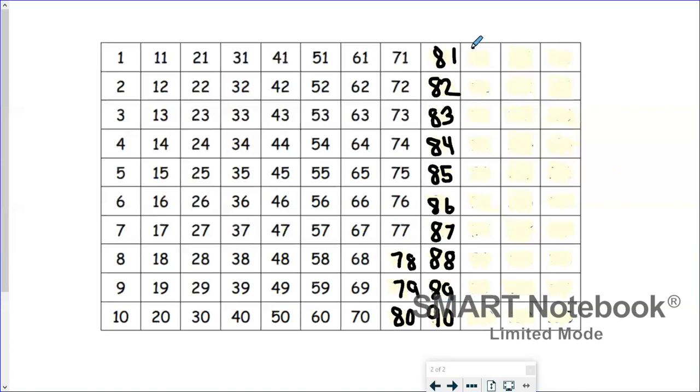Start at the top. 91, 92, 93, 94, 95, 96, 97, 98, 99, 100.